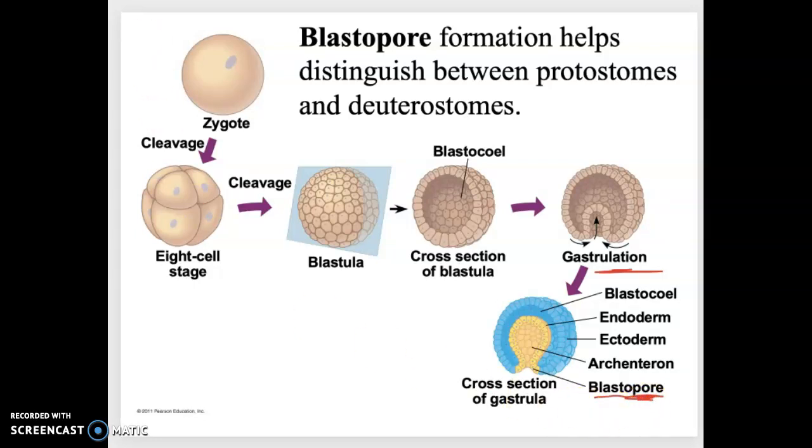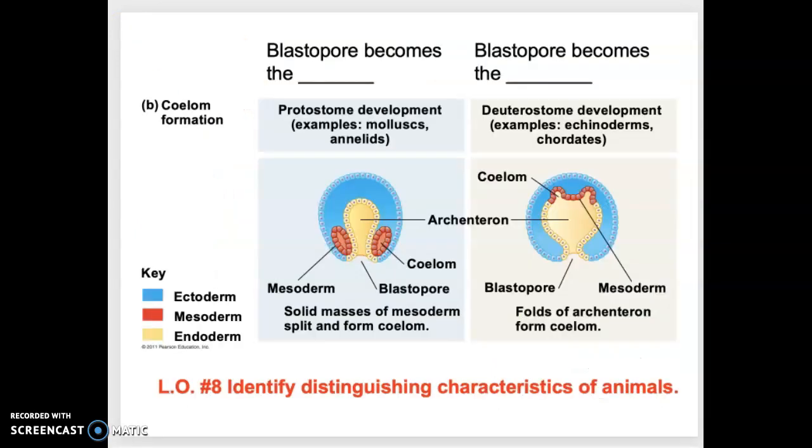So that opening starts to form. Now, depending upon which group you're in, protostome or deuterostome, you either stop right there, you've got your pore, and then you have that kind of pouch or bag on the inside, and you're done. Or it's possible that this opening continues to grow and develop and comes all the way out the other side. That's the difference between protostome and deuterostome.